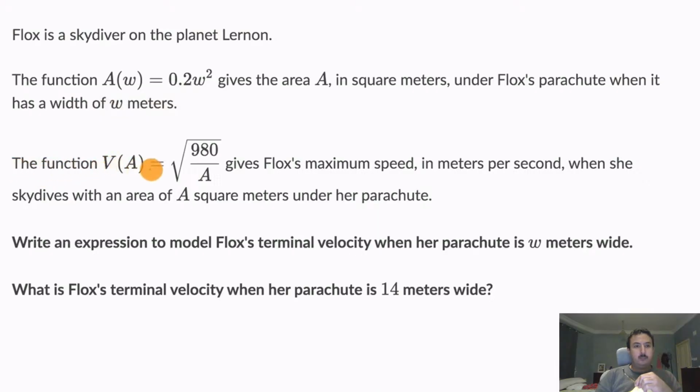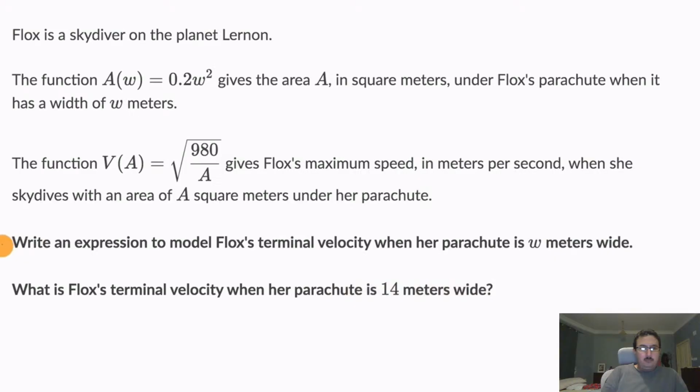The function V of A is equal to the square root of 980 over A, and it gives Phlox's maximum speed in meters per second when she skydives with an area of A square meters under her parachute. All right? Write an expression to model Phlox's terminal velocity when her parachute is W meters wide. And then they want us to evaluate the terminal velocity when her parachute is 14 meters wide.